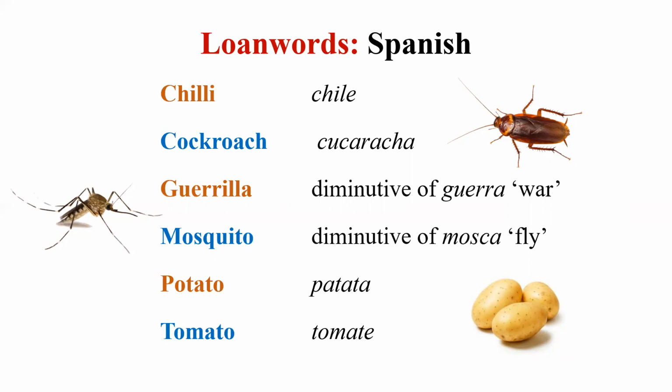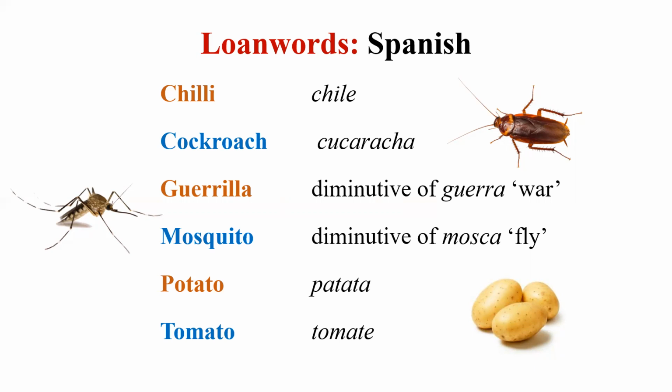These are some of the words borrowed by English from Spanish. Likewise, you have to have a list of words borrowed from French, Russian, German, from Hindi, from Tamil, from Malayalam. So that will help you tackle questions if we get a question based on loan words borrowed from other languages.